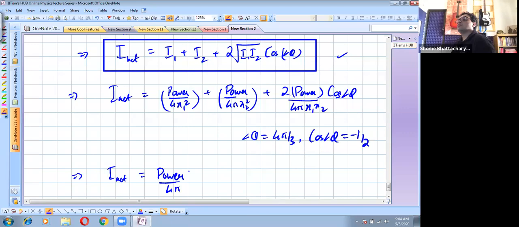take all these terms common: 1 by x1 square plus 1 by x2 square minus, that becomes 1 by x1 x2.